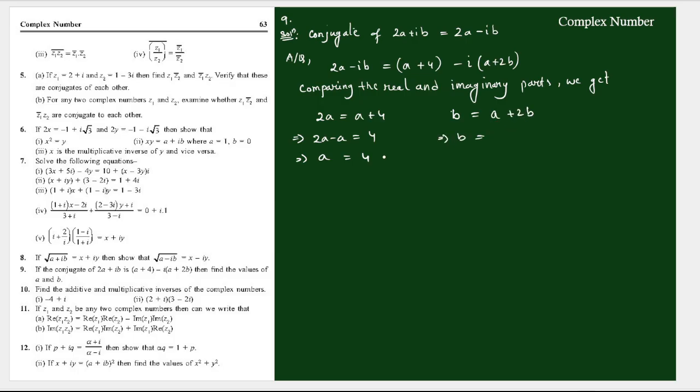So a का value तो मिल गया हमको, 4 plus 2b. So minus 4 इस तरफ ले जाओ, b उस तरफ ले जाओ, then we get minus 4 equal to b. So therefore a equal to 4 and b equal to minus 4. So this is your answer.